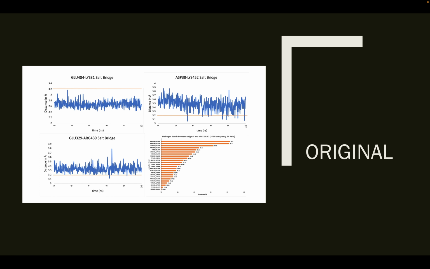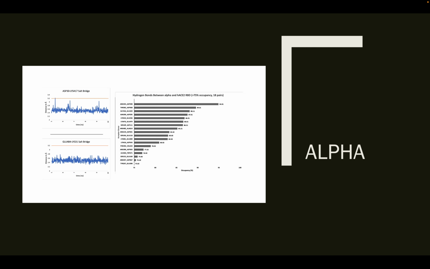If the distance of a salt bridge is consistently below the standard line, then it is a strong salt bridge. If the distance is consistently above the standard line, then it is a weak salt bridge. If the distance is moving around the standard line, then it is a mid-ranged salt bridge. The original variant has one strong salt bridge and two mid-range salt bridges.